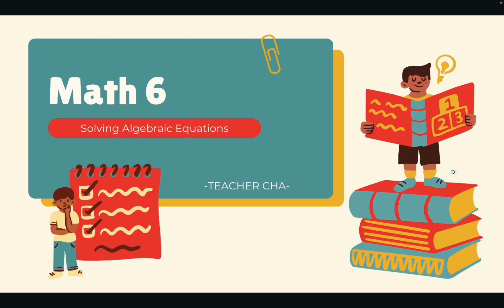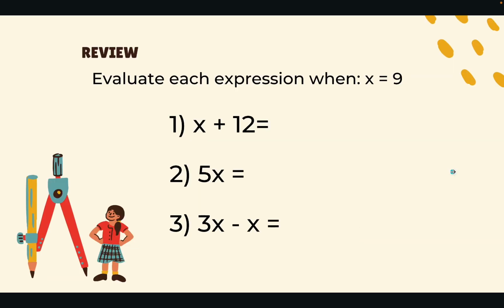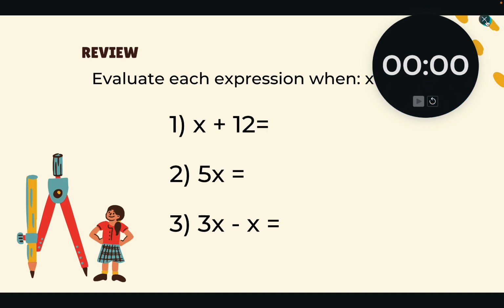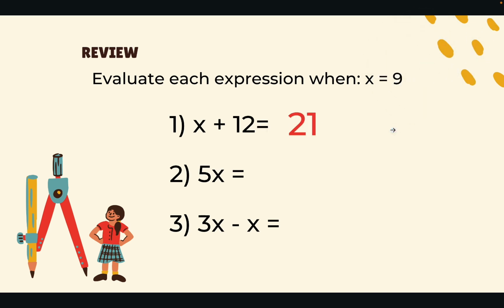Now, let us try to answer this one. If x is equal to 9, what is x plus 12? Very good. The answer is 21. Next one, number 2. What is 5x?